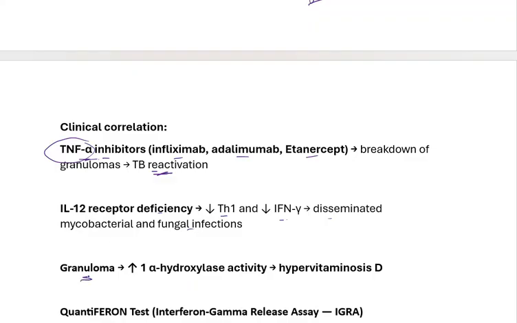And the one thing that is classic about this granuloma is that it could produce 1-alpha hydroxylase. As we know, vitamin D undergoes 2 hydroxylations, one in the liver. In the liver, the first hydroxylation by 25 hydroxylase produces 25 hydroxy vitamin D, right?